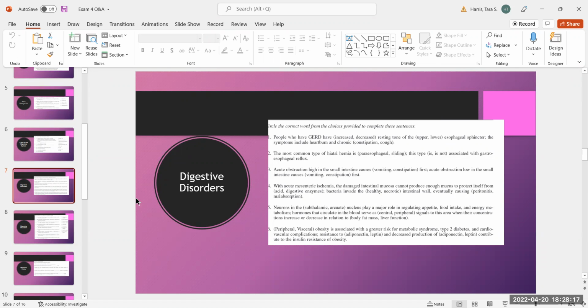What's the difference between a sliding and a paraesophageal? I'm not sure what the difference is.